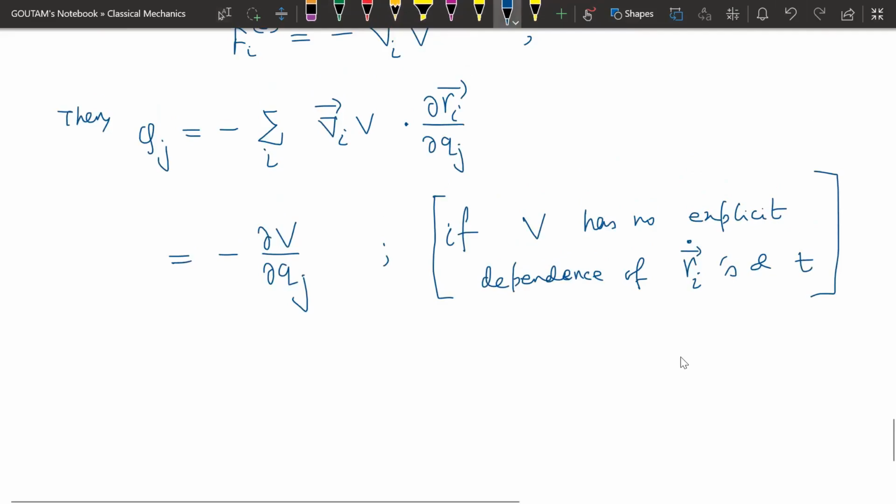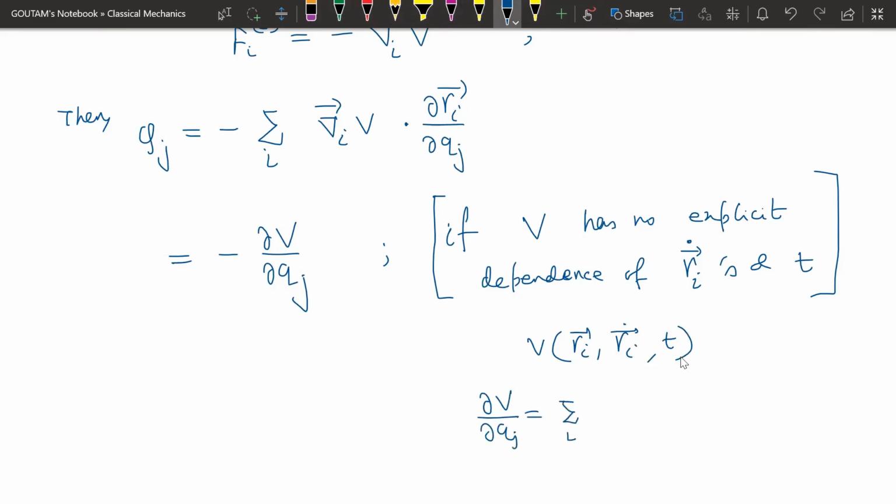So if V depends on ri, all ri dot and t, then del V del qj will be the sum over all i of del V del ri, which is the gradient of V with respect to the i coordinate, times del ri del qj, plus the sum over all i of del V del ri dot times del ri dot del qj, plus del V del t times qj dot.